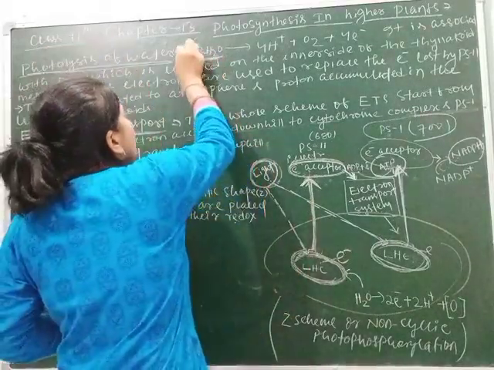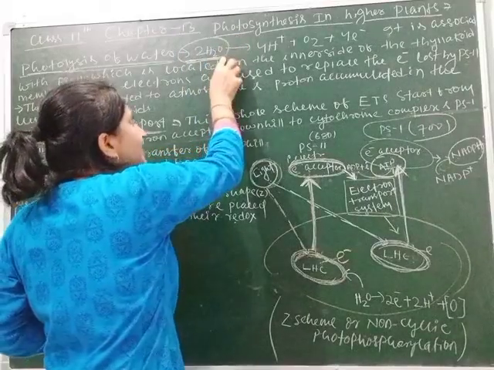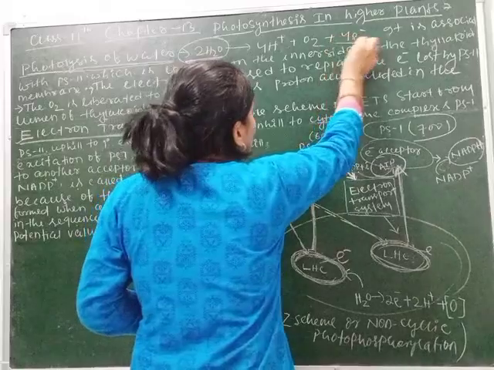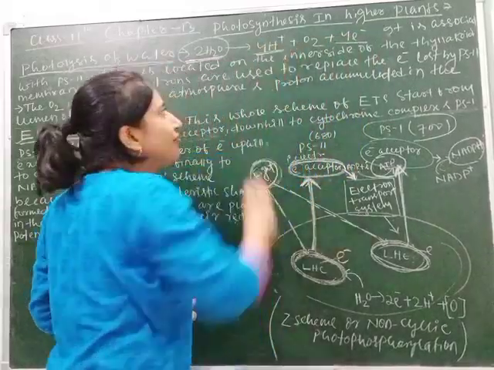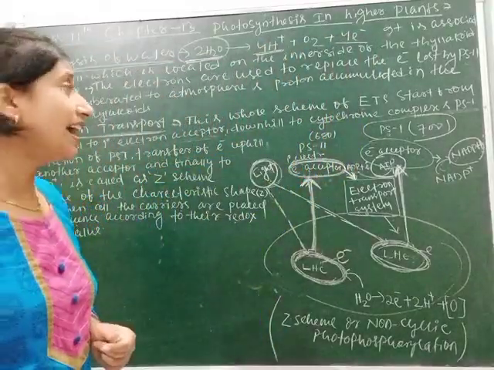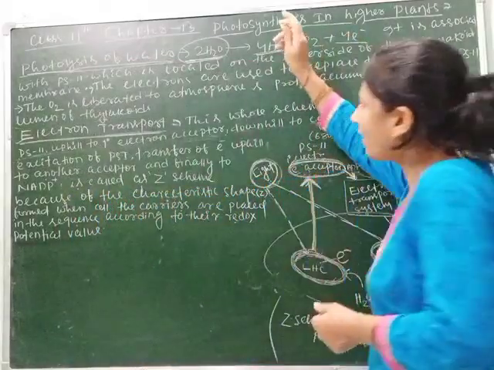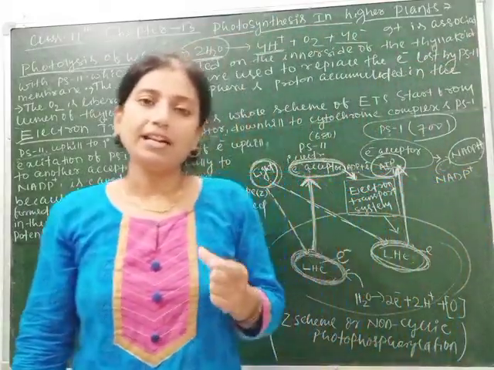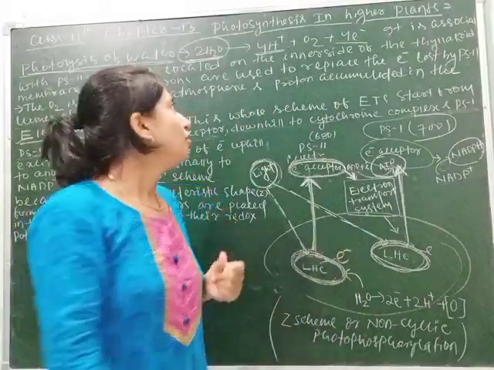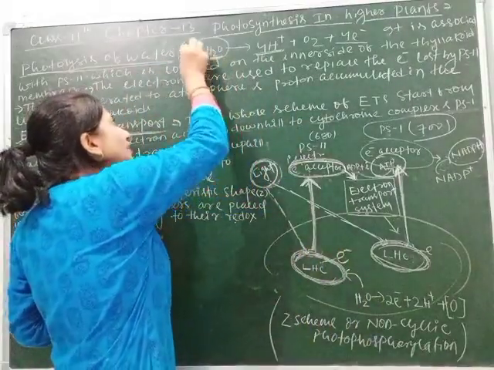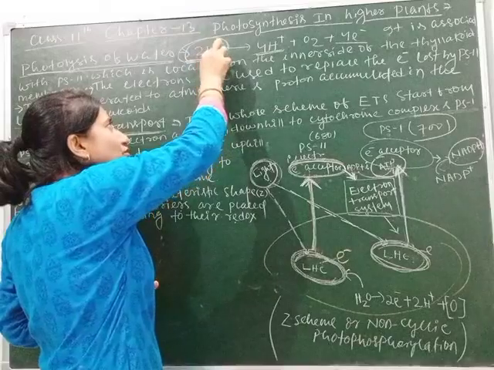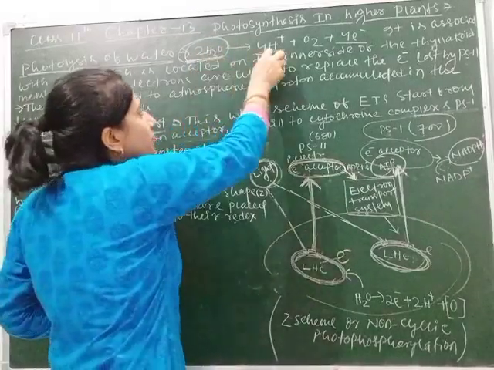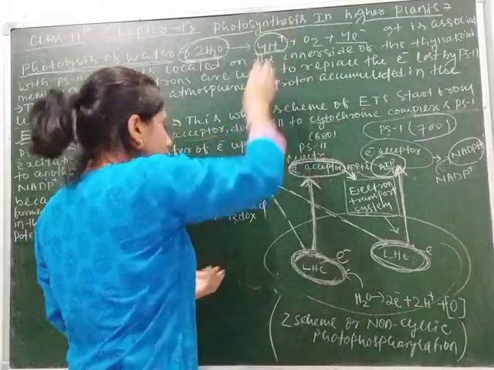So when two molecules of water break, it gives 4 protons and 4 electrons. Now the question is, from where do the 4 protons and 4 electrons come? As you know that hydrogen has valency 1 and oxygen has valency 2. So here we take 2 molecules of water, which contain 4 hydrogen, and from 4 hydrogen 4 protons are released.